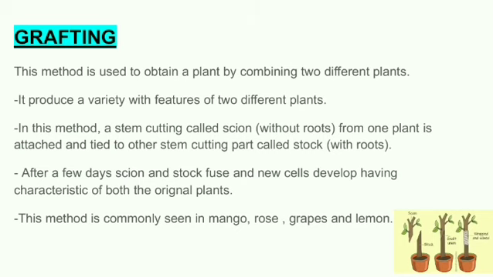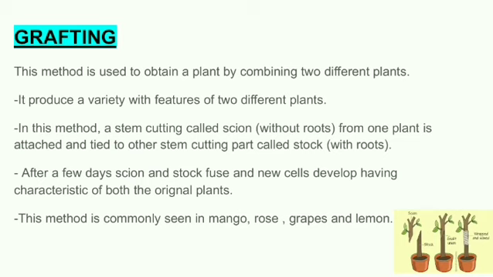The second method is grafting. This method is used to obtain a plant by combining 2 different plants. Now suppose we want a plant of a new variety, we will follow this grafting method.